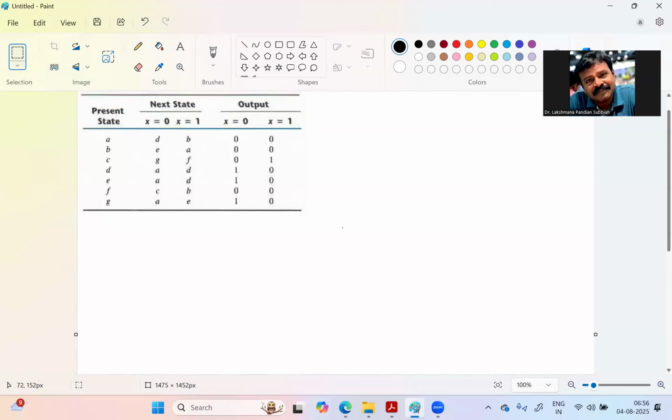In the implication table, row-wise at the bottom, you write A to F; the last one, G, you remove.